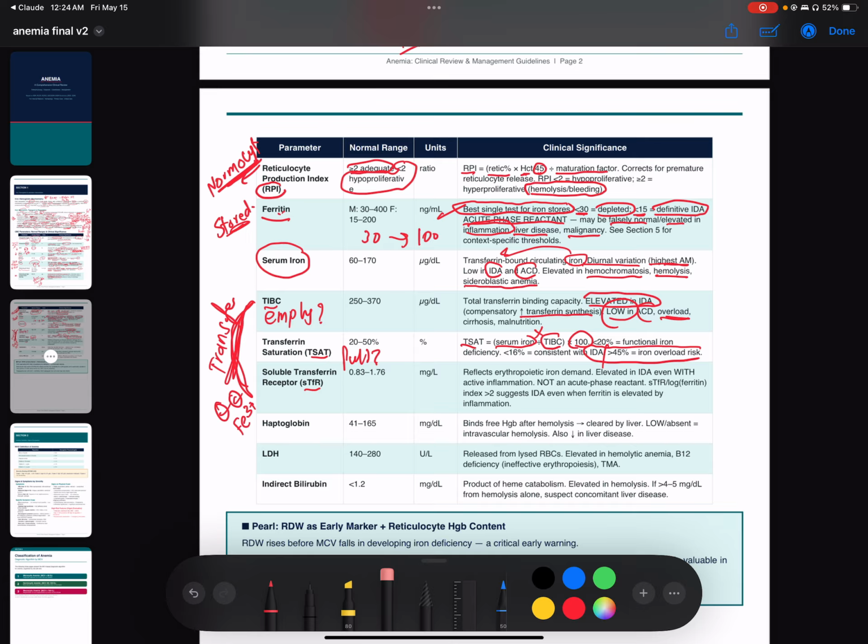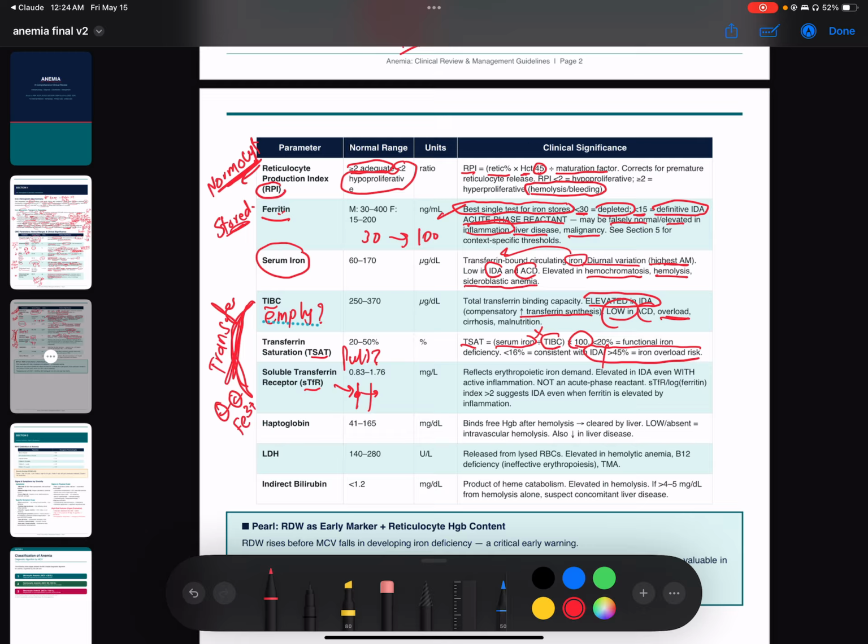The soluble transferrin receptor, we talked about this. The transferrin is usually circulating in the blood until it goes to the bone marrow. And in the bone marrow, there is a receptor for the transferrin to take it from the circulation into the bone marrow to create the RBCs, which we call erythropoiesis, right?